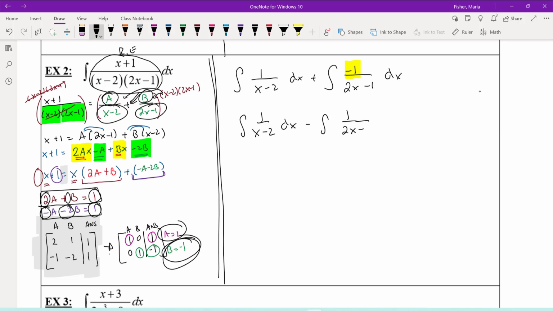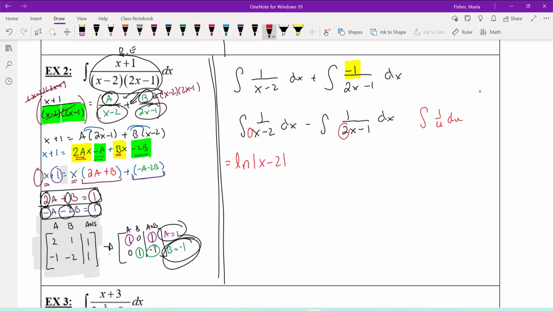And now I know that both of these are really just going to be the indefinite integral of 1 over u du. I just need to worry about the coefficient of the x term. Well, this guy here is a 1, so I know I'm just going to be multiplying it by 1, so I don't need to really worry about that. That's just going to be the natural log of the absolute value of x minus 2.